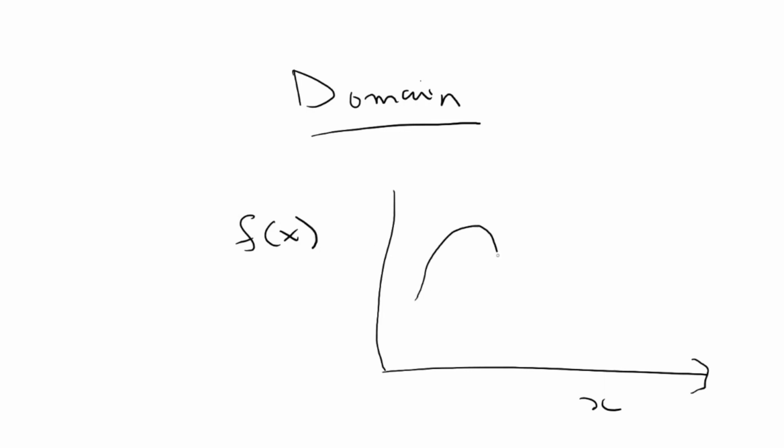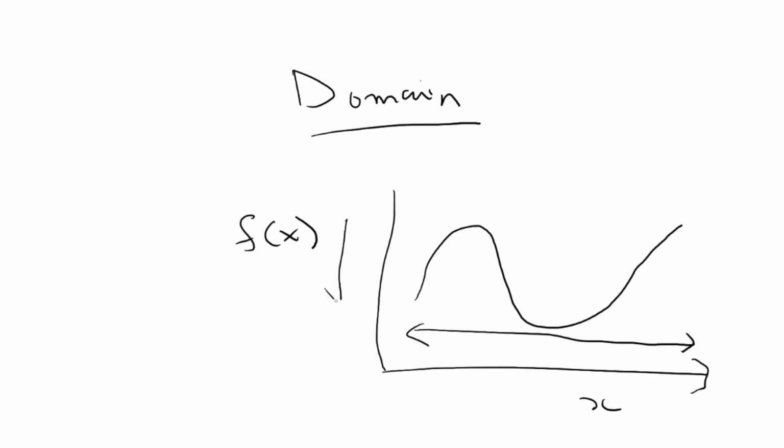And let's say you have a curve that sort of goes like this. All the values here are really the domain, and all the values up here are your range. So the range is your y values, right? That is the output of what comes out of the domain. Your domain is the input, right? These are all the values that go into a function.